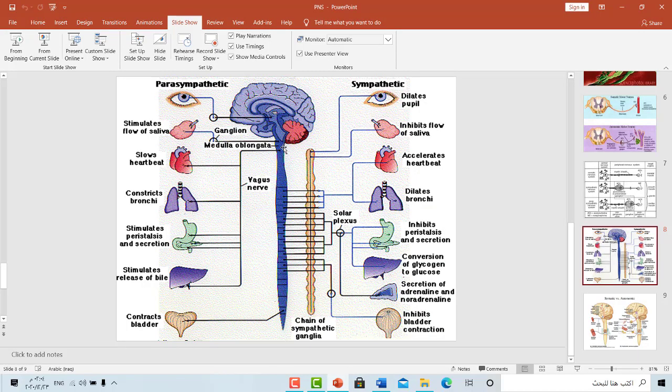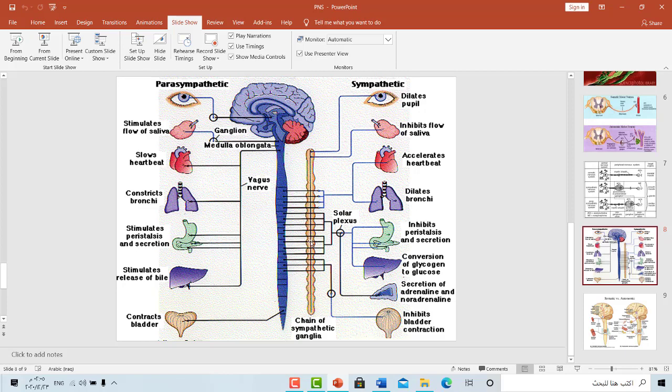Here the spinal cord is divided into cervical, thoracic, and lumbar regions, and also the others. From this region, thoracic to lumbar, comes the sympathetic nervous system. The fibers go from the spinal cord to the ganglia. This chain of sympathetic ganglia is parallel to the vertebral column.